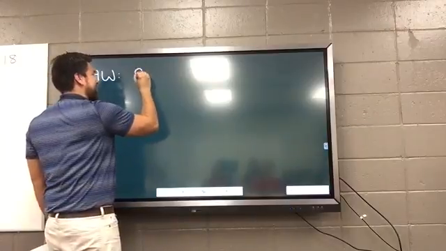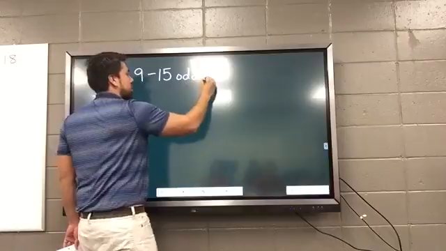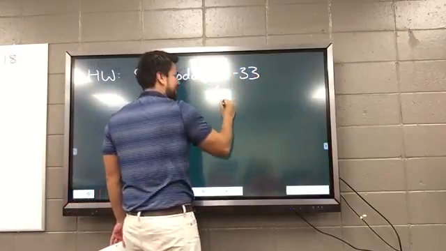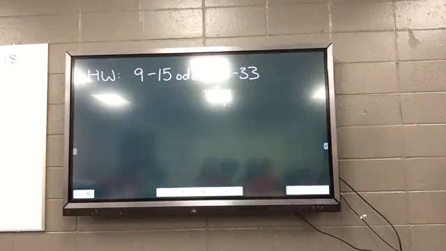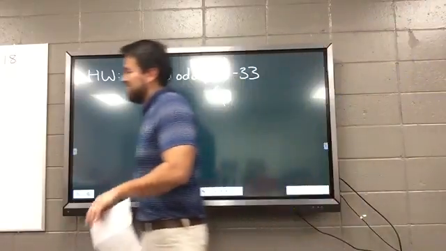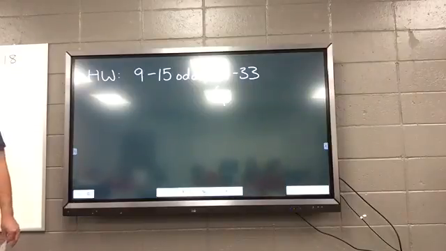Sorry, let me just write this down. 9 through 15 odd, and then 3 and 1. Yeah, sorry. It really isn't that bad, and you have a long period of time. It'll take some time, but not forever. 304 and 305.